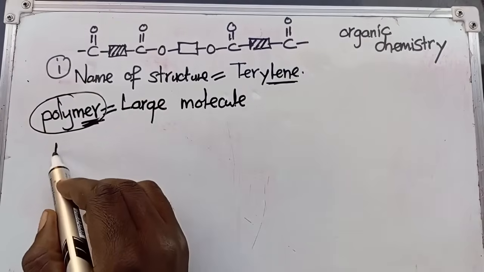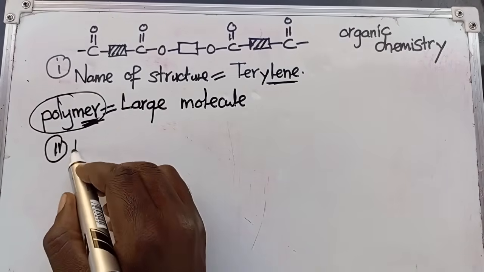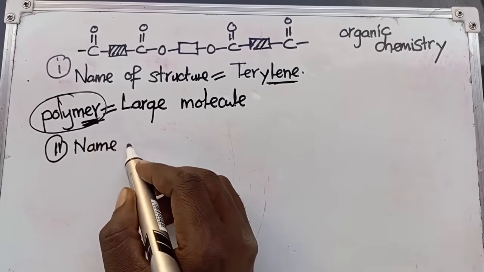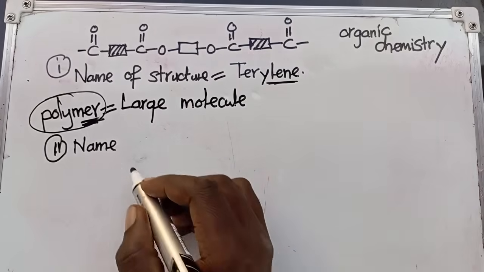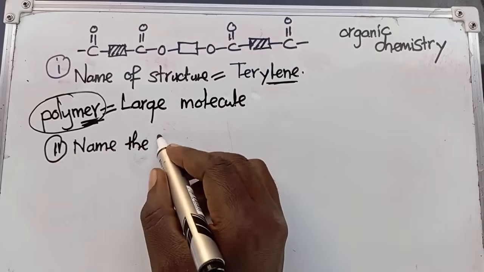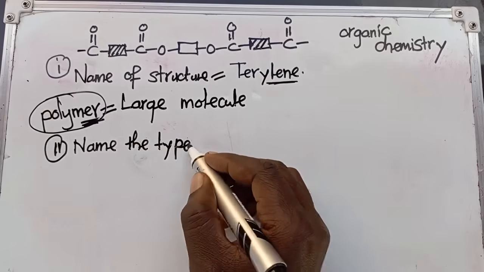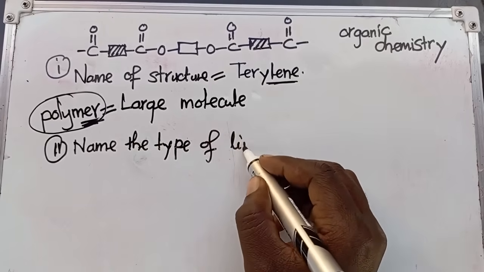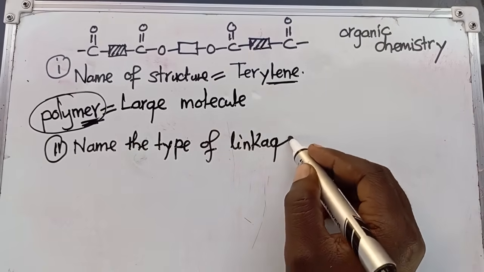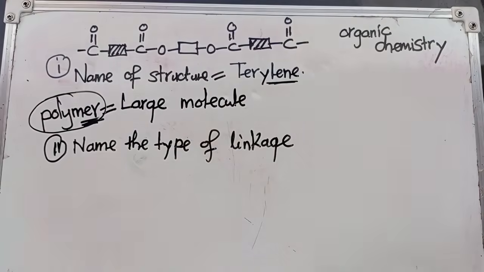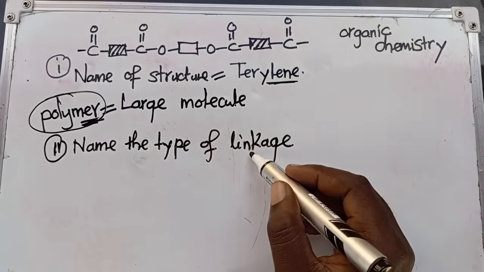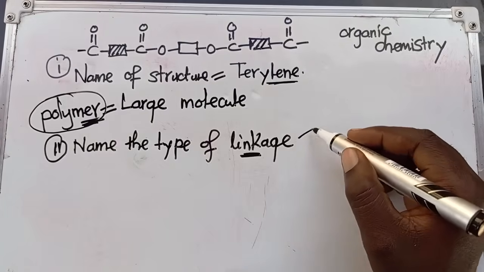Then question number 2, they may ask you to say, name the type of linkage. Name the type of linkage that is found in this particular structure of tellurine. So a tellurine gets to have these linkages that we get to call what?